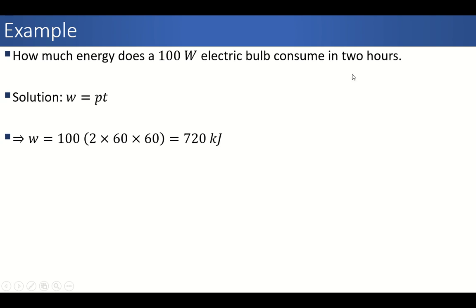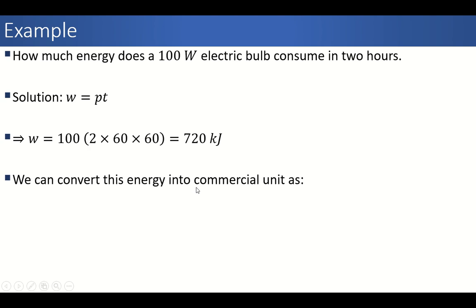Remember, to find the energy in joules, we have to convert the time in hours into seconds. So this will be 100 into 2 hours, and 2 hours is actually 2 into 60 into 60 seconds. So this is 720 kilojoules. We can also convert this energy into commercial units. Remember that energy in kilowatt hour is 1 unit.